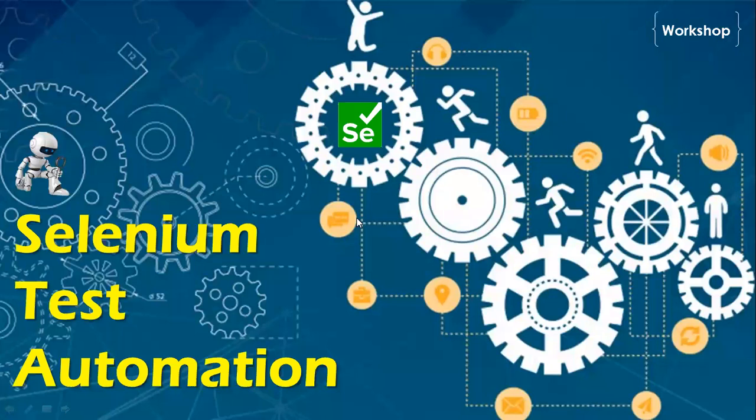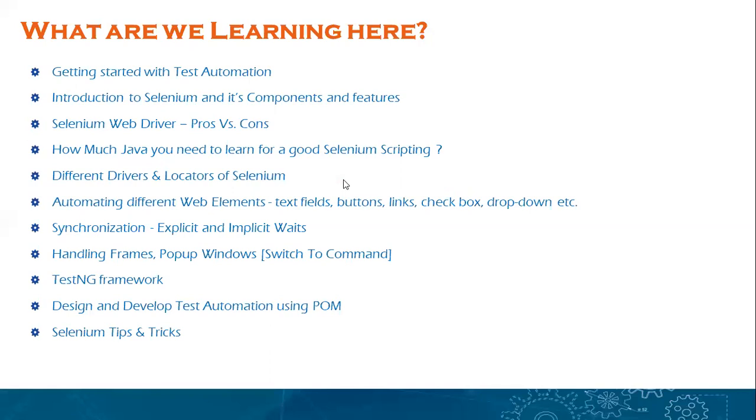So welcome back for the second session of our workshop. So I will quickly share whatever we discussed in the last session. This was the agenda, the list of topics which we planned for this entire workshop. Part of that we already discussed some basic stuff about Selenium in the last session, last Saturday.